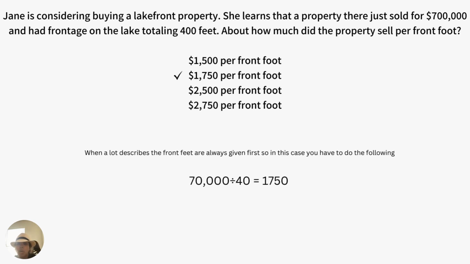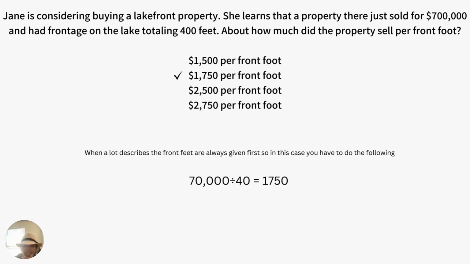For all costs, you divide the price per square foot, per acre, per front foot, so you convert it into measurements. You divide the value by the unit of measurement. In real estate, front foot is the measurement of the front of the parcel adjoining the water. When a lot is described, the front feet are always given first.